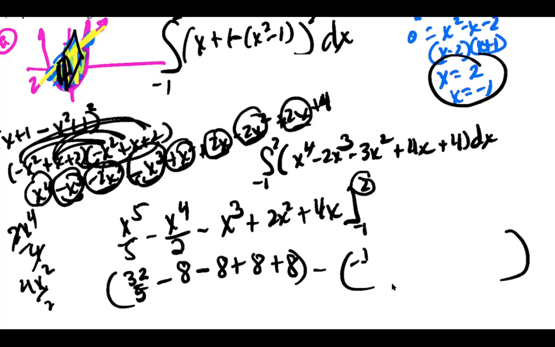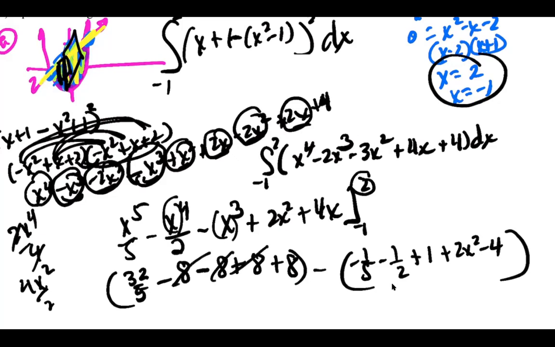-1 to the fifth is -1/5. -1 to the fourth is 1/2, but it's behind a minus sign. This one's going to be a negative behind a negative, plus 1, plus 2x squared minus 4. So all of this, if I did it right, cancels out, and I have 32/5 minus negative, or plus, 1/5. Oh wait, what is this?